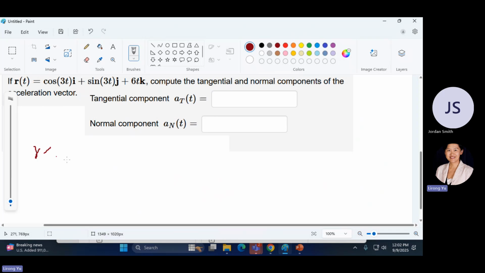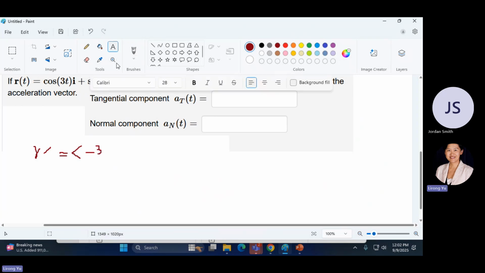So we have r prime, which is the derivative of cosine 3t. The derivative of cosine is negative sine, so it's -3 sine 3t. We have to do a chain rule.